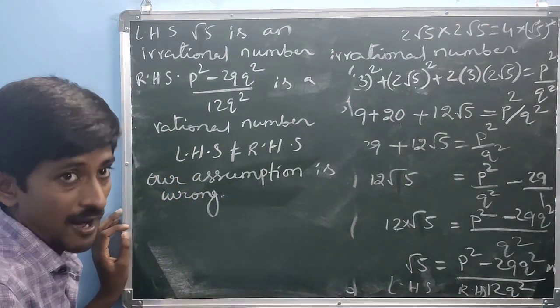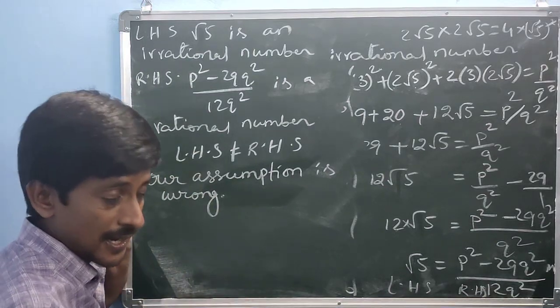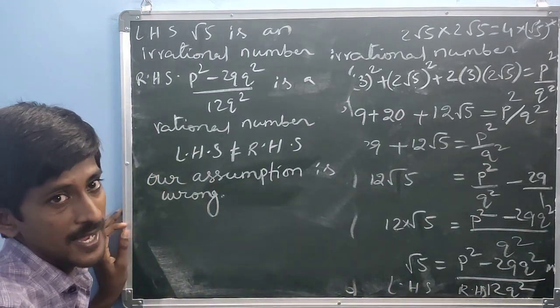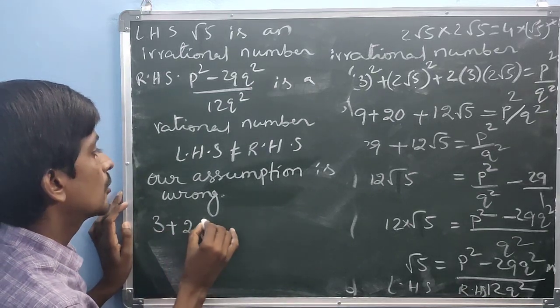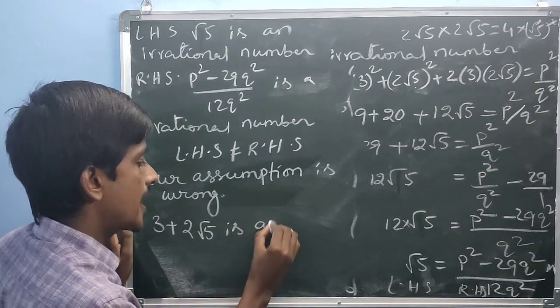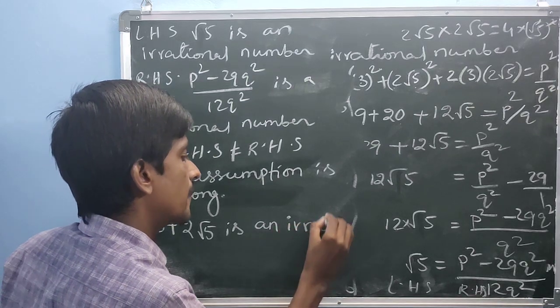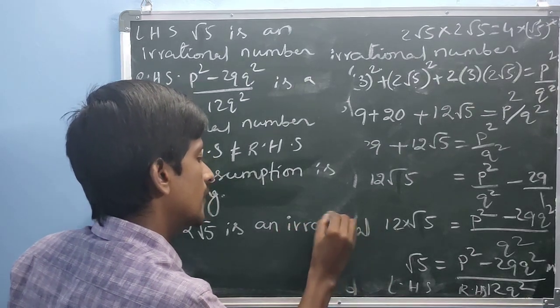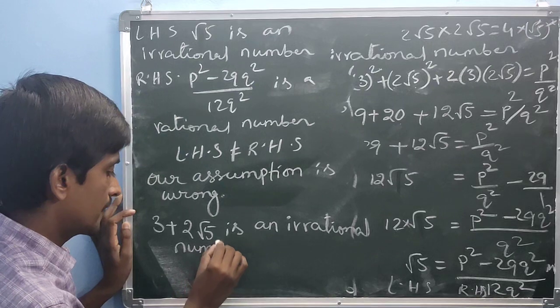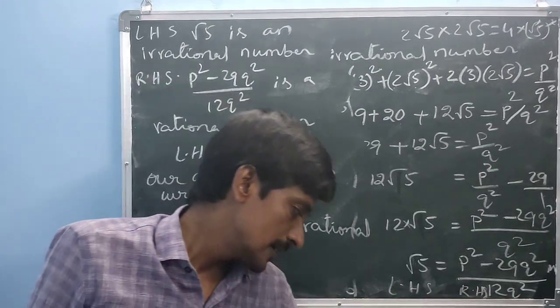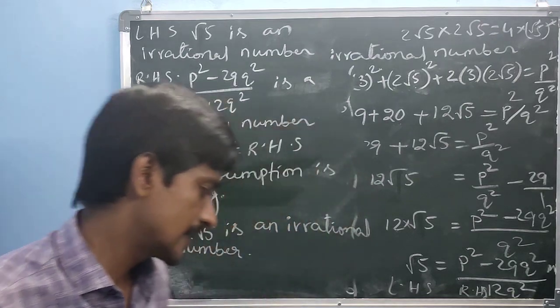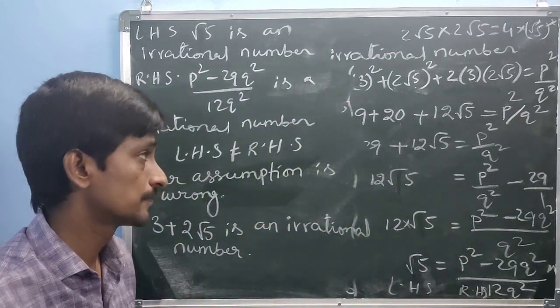So that is wrong. That number is not a rational number, so it must be an irrational number. So 3 plus 2 root 5 is an irrational number. These are the proofs of the given irrational numbers. Okay.